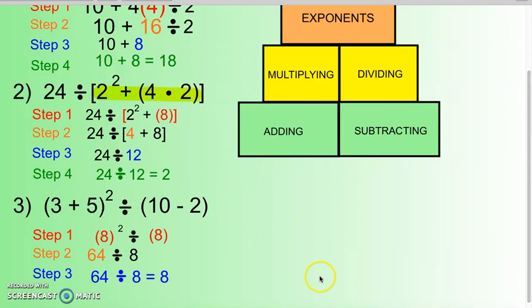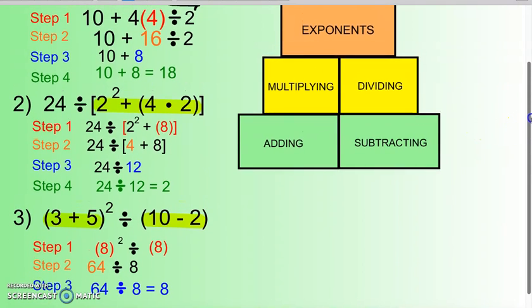Number 3, where did these 8s come from? You are absolutely right. If you notice, we have parentheses, so we need to treat them separately. So we have 2 math sentences here, and we need to do them separately and use the pyramid as we go.